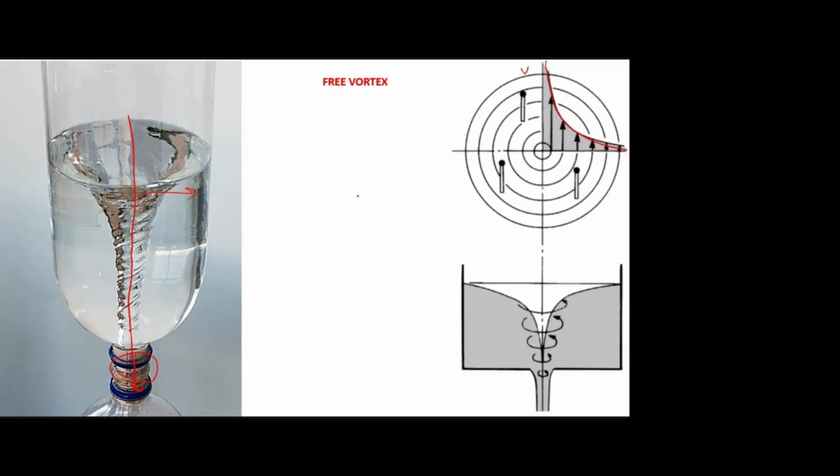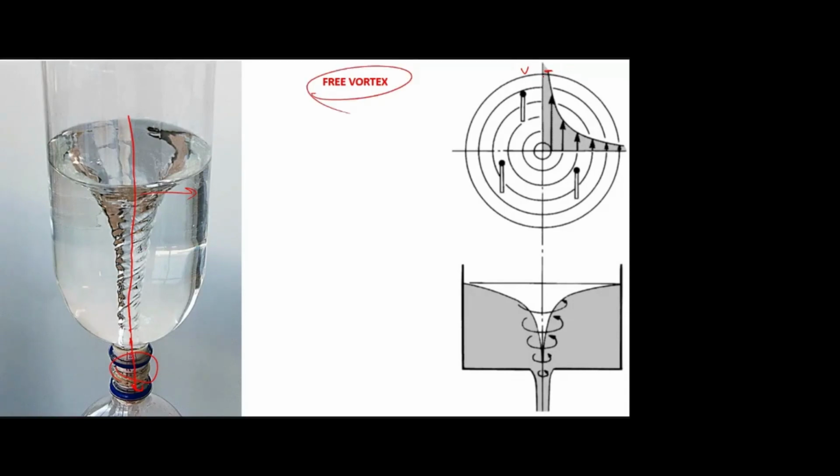Practically, the velocity at the center is finite, but theoretically, it will go to infinity. So this is the free vortex formed due to the gravity.